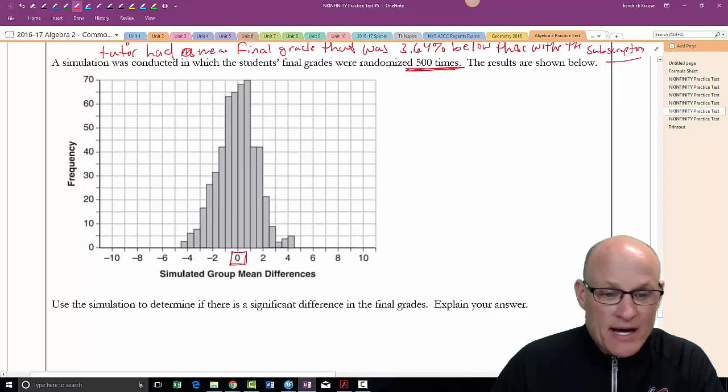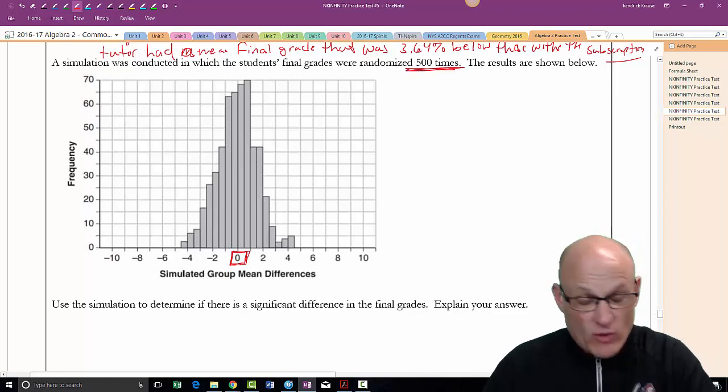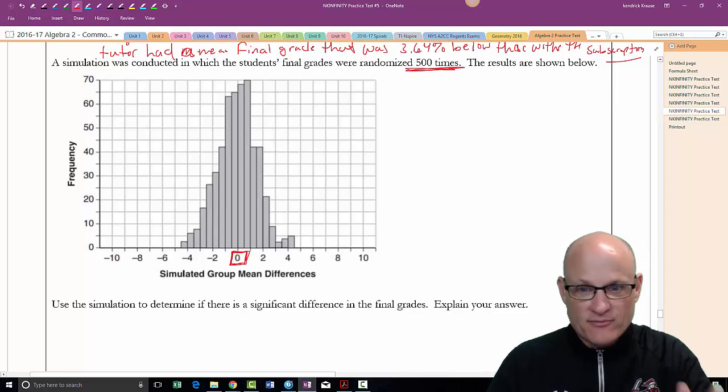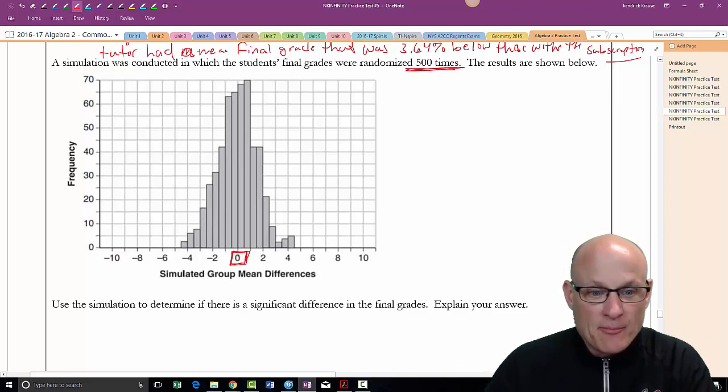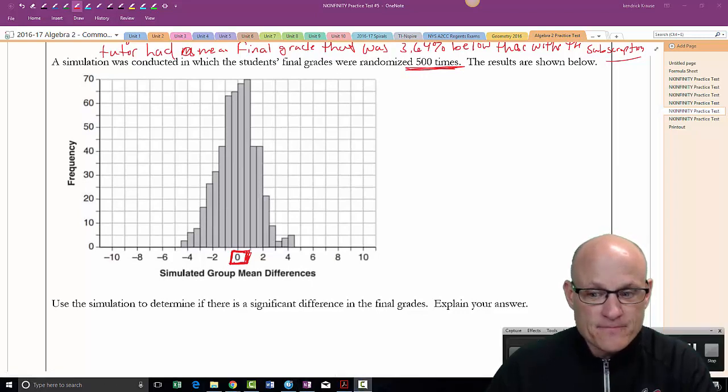When you take out the students' grades and randomize them 500 times and look at them, their mean average was about 0. But when you factor in whether or not they got the tutor or not, things change slightly.